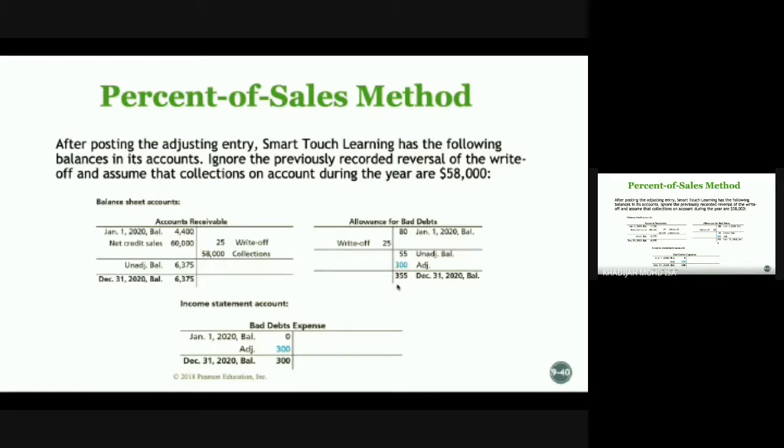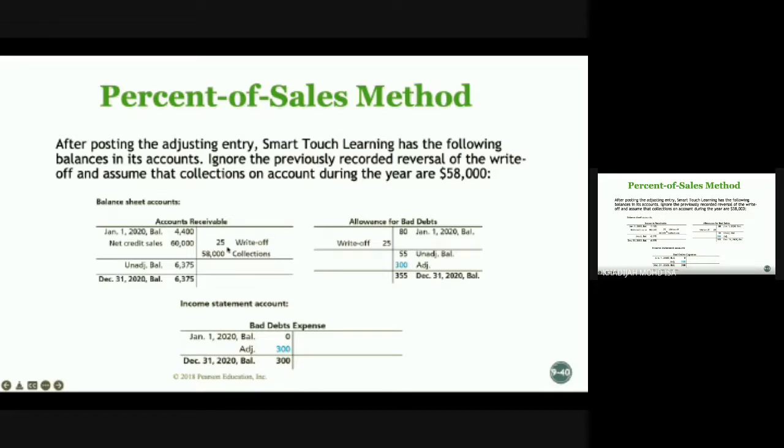Assume that collections on account during the year are 58,000. It means the account receivable that made payment to you is 58,000.